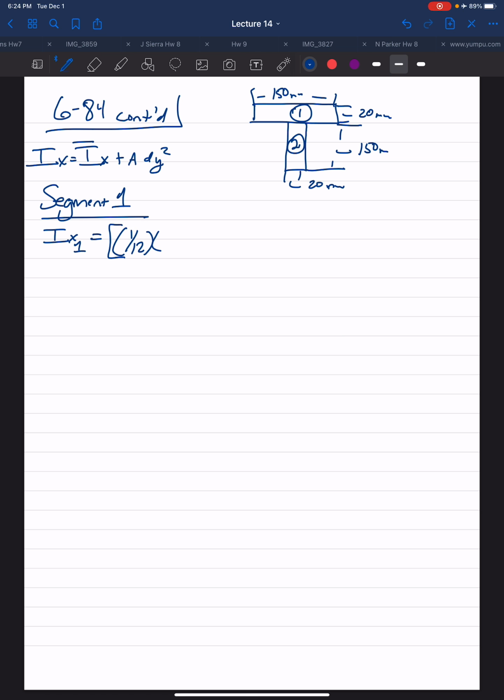So 1/12 times the base, which is 150 millimeters, times the height, which is 20 millimeters cubed. The area is simply base times height, which is 150 times 20 millimeters.